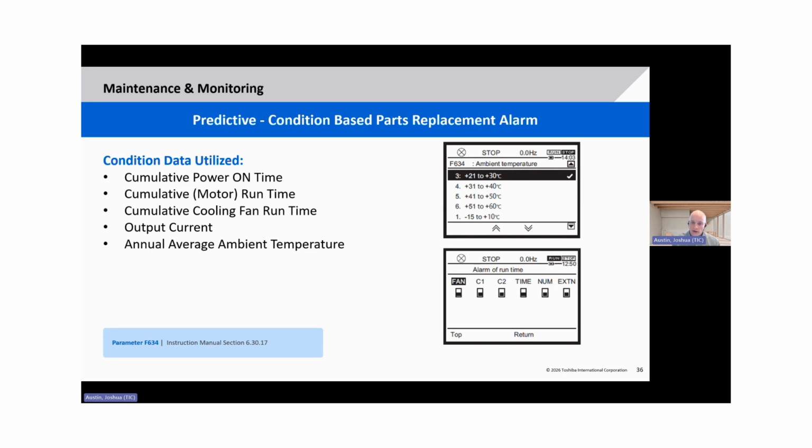So when you're looking at the monitor mode on the AS3, on the bottom right-hand side here, you can see that we have indications for the cooling fan and the capacitors, and those indications will go high when the drive is calculating that it is time to look at going ahead and replacing those parts.